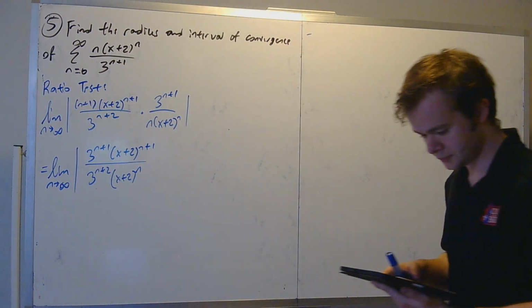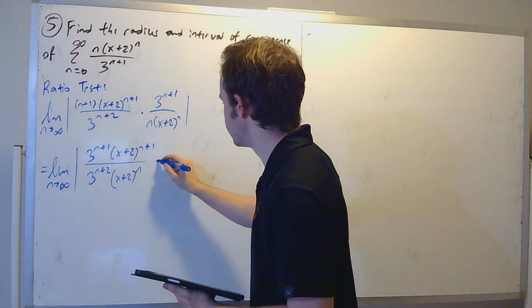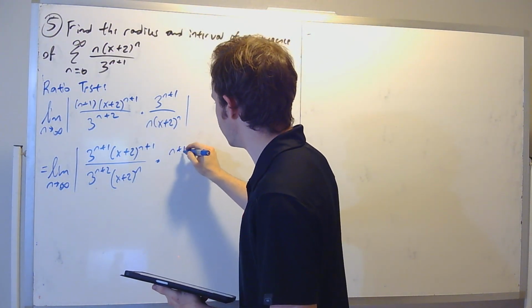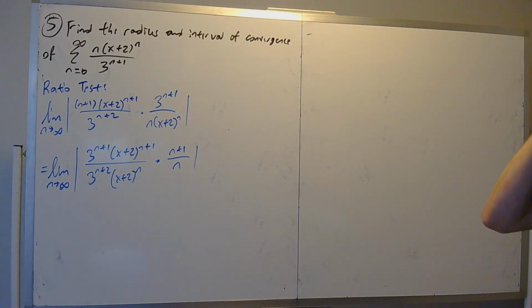And this is times n plus 1 over n. Now we can see what we can cancel.